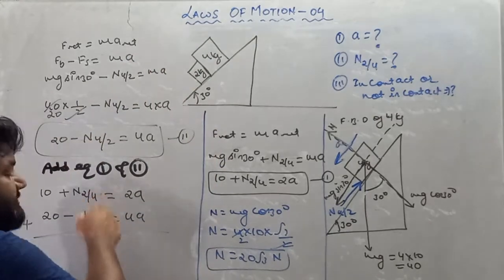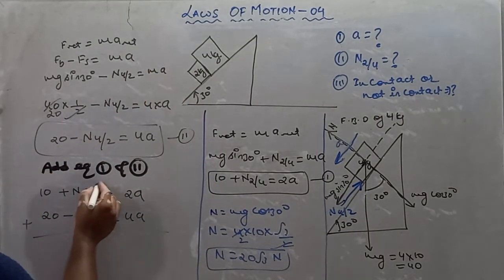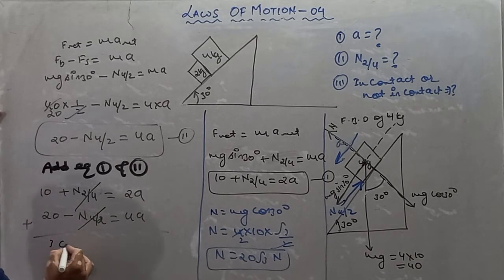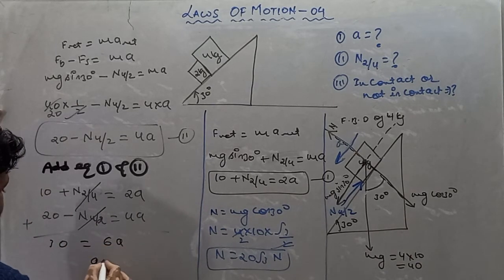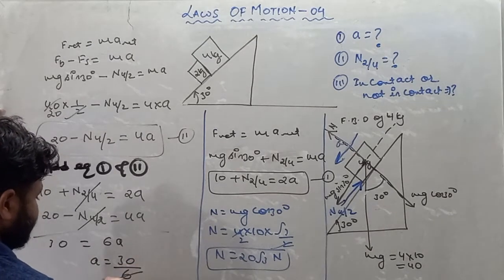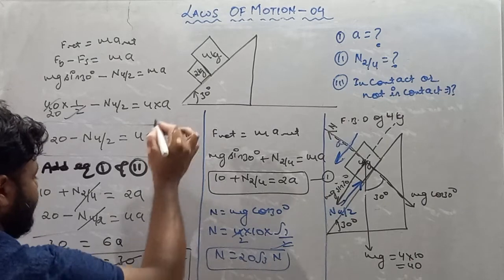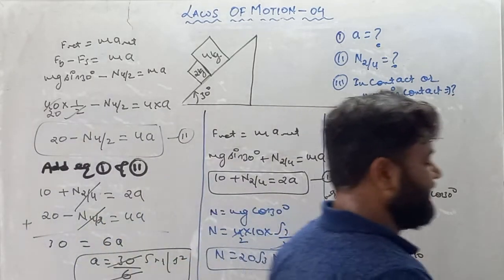So both these forces are equal in magnitude, so cut them down. So we get 30 is equal to 6a, so a is equal to 30 by 6. 6 5s are 30. 5 meter per second square is your acceleration value.